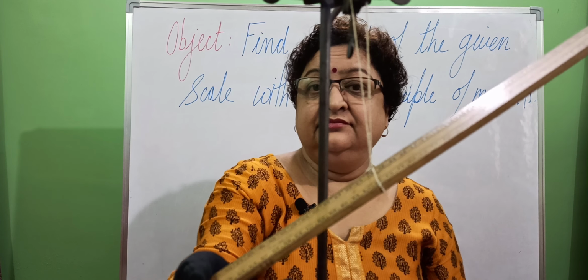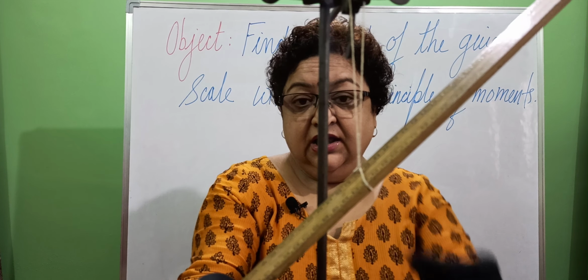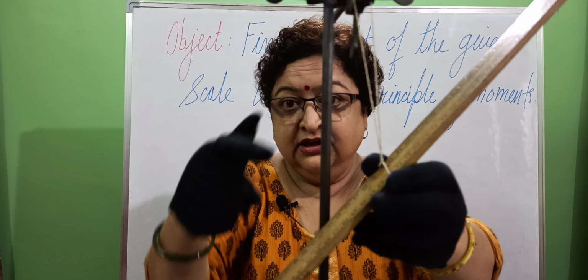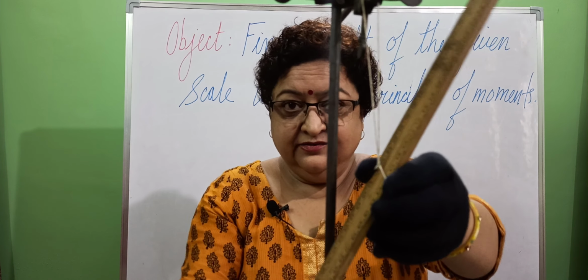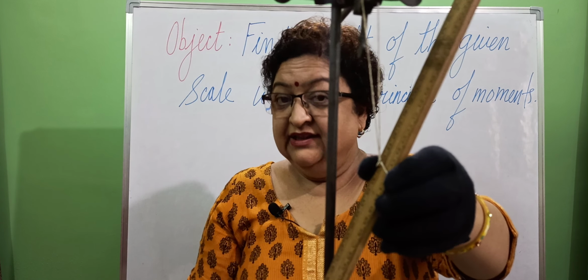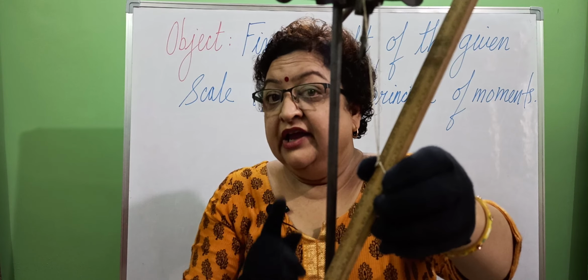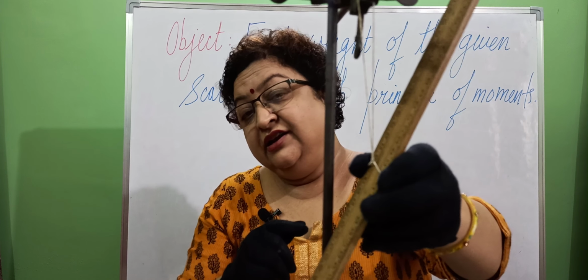See, this scale is no longer balanced and the scale is trying to rotate in which direction? In this direction. That means anti-clockwise direction. Why does the scale want to rotate anti-clockwise?